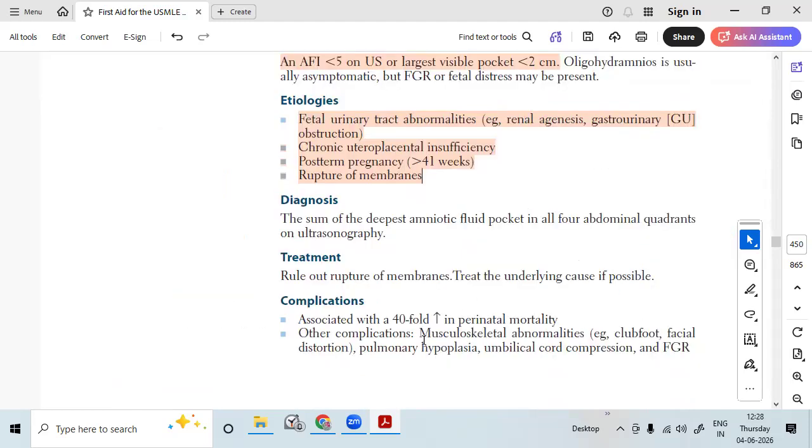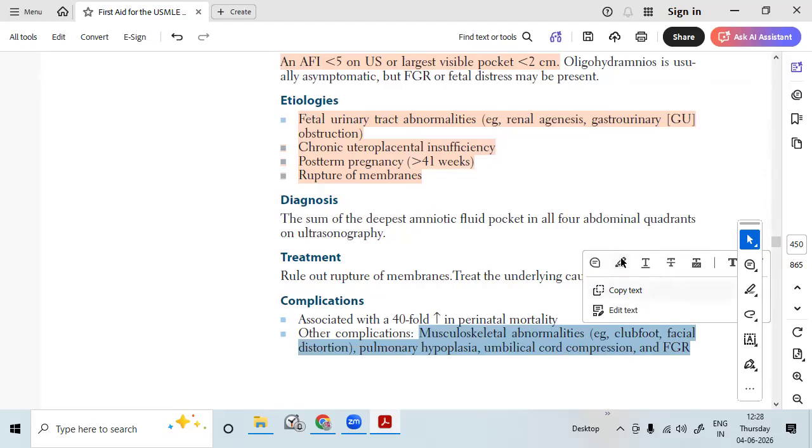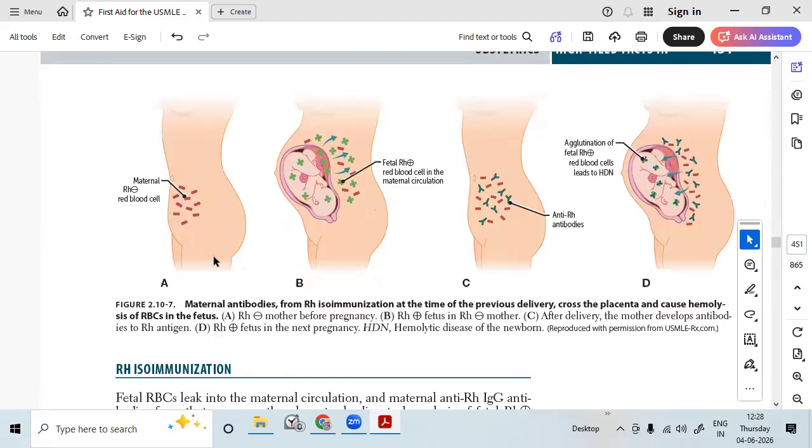Other complications include musculoskeletal abnormalities such as clubfoot, facial distortion, pulmonary hypoplasia, umbilical cord compression, and fetal growth retardation.